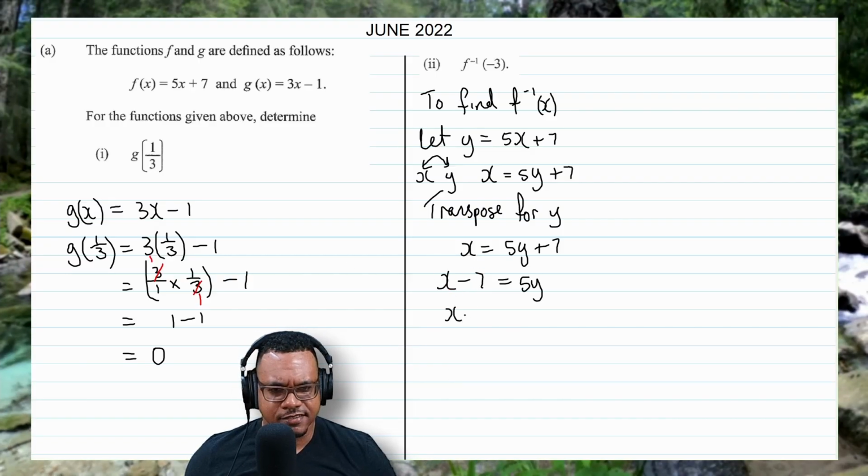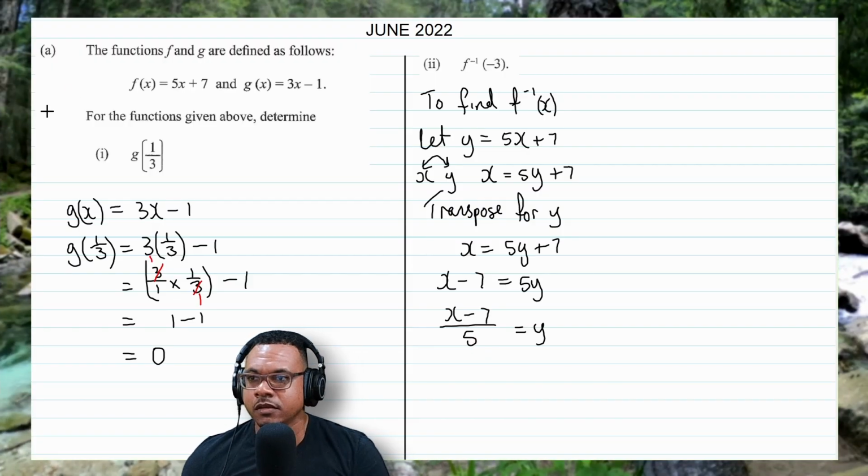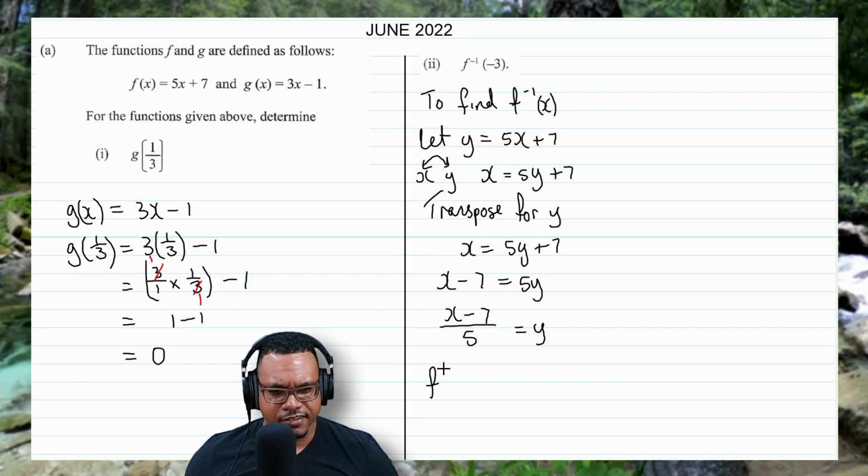So I'll have x take away 7 divided by 5 is equal to y. And now this function x take away 7 divided by 5 is your inverse function for f. So f inverse x is equal to x take away 7 over 5.